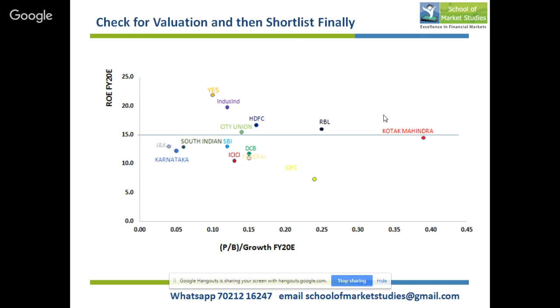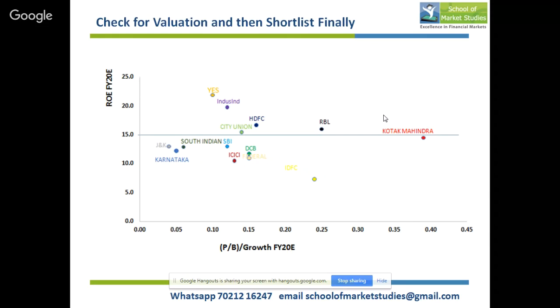Then we are left with HDFC, RBL, and Kotak Mahindra. HDFC, despite its huge size, is very close in terms of return on equity to that of IndusInd Bank and City Union Bank. RBL's return on equity and Kotak Mahindra's are all in the same range.